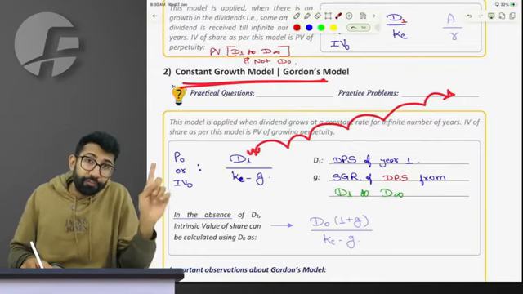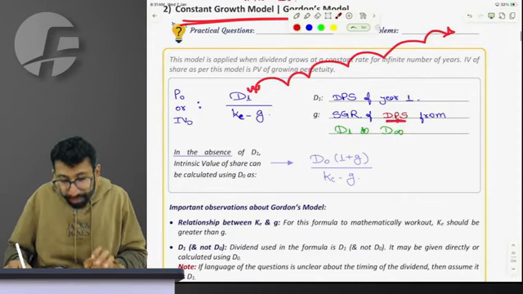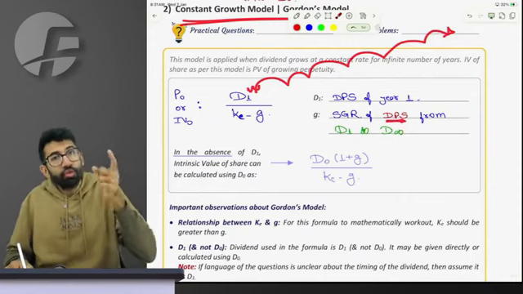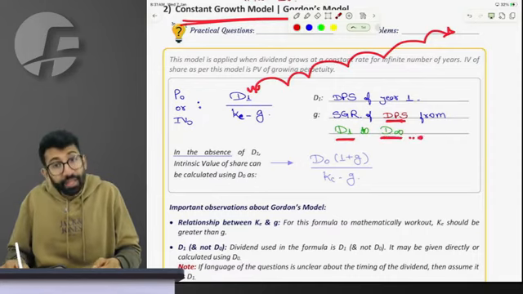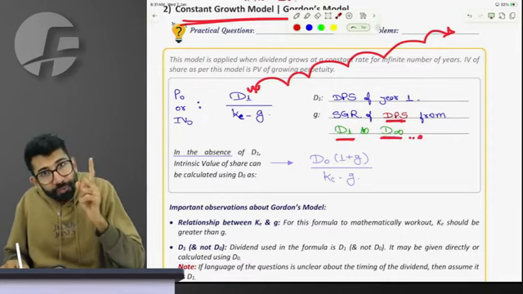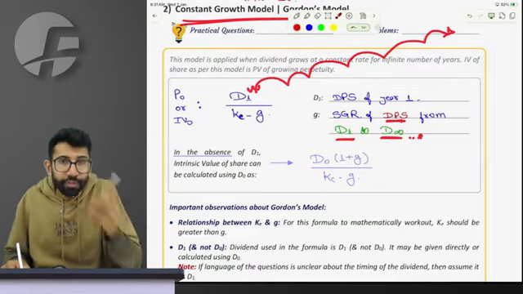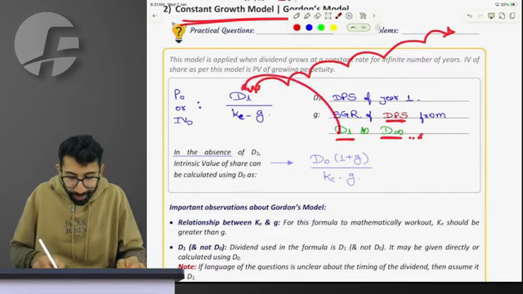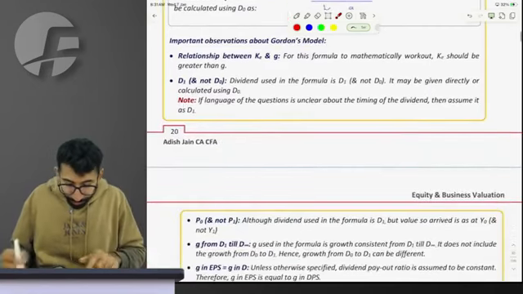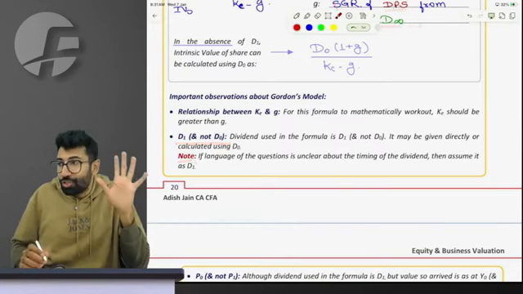Till infinity the same amount of growth has to be there in the DPS, not in the EPS. And growth from which point to which point? Right from year 1 to year infinity, the growth has to be constant. From year 0 to the first year, growth may be anything, it does not matter, because my first cash flow being discounted is D1.